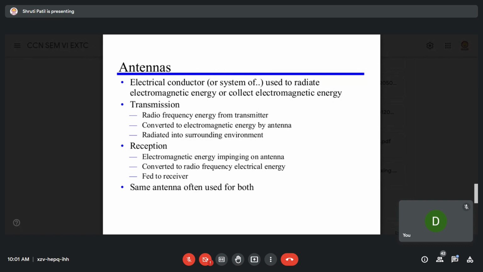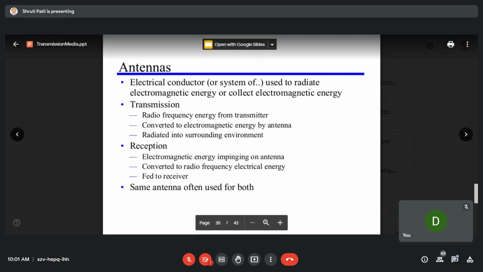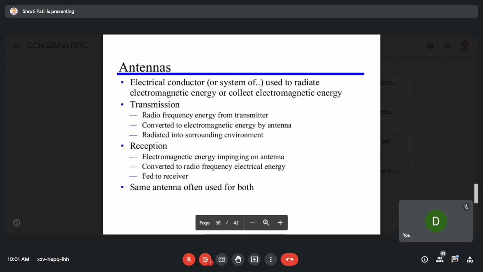Reception means whatever electromagnetic energy is incident on the antenna is converted to electrical energy, and it is fed to the receiver. Generally we use the same antenna for transmission and reception. There are not two antennas, one transmitting and one receiving; there is one antenna used for both.